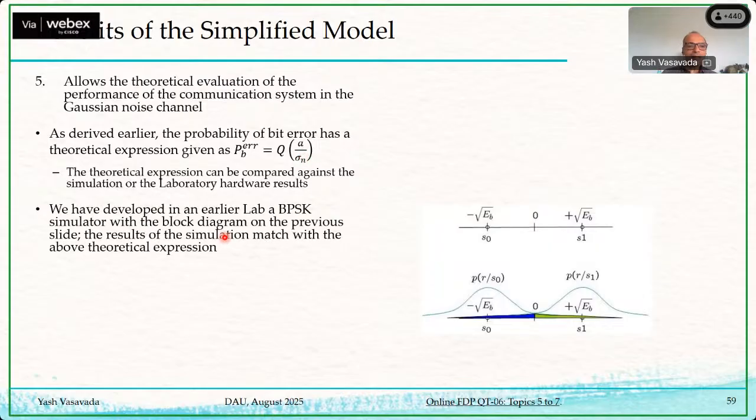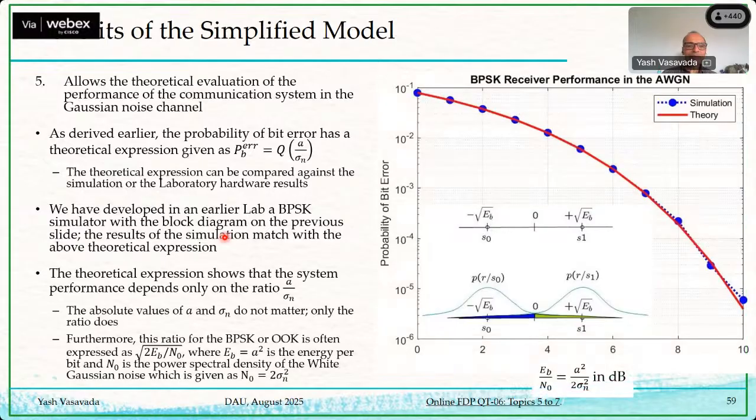And I meant to give you some assignment, which I did not at the end of yesterday's lecture, where you would have simulated this BPSK transmission scheme in Gaussian noise.